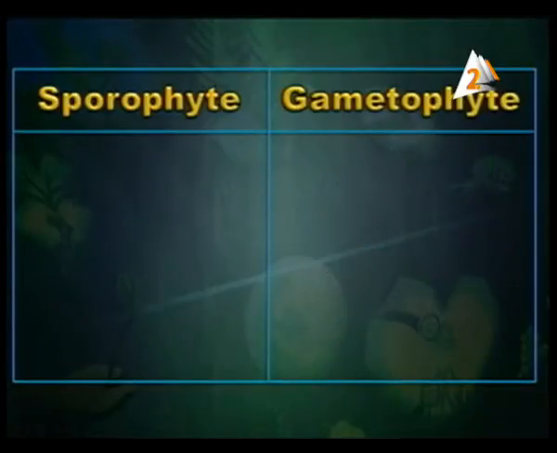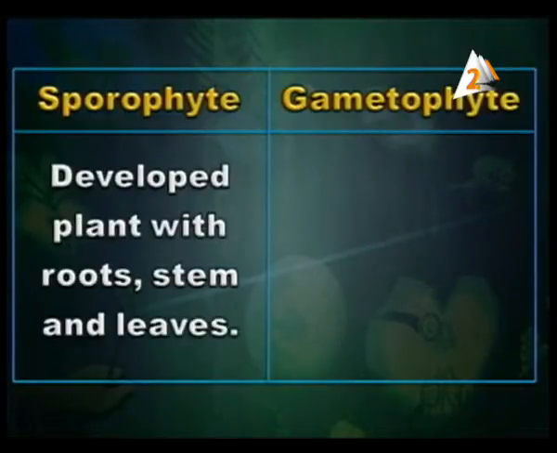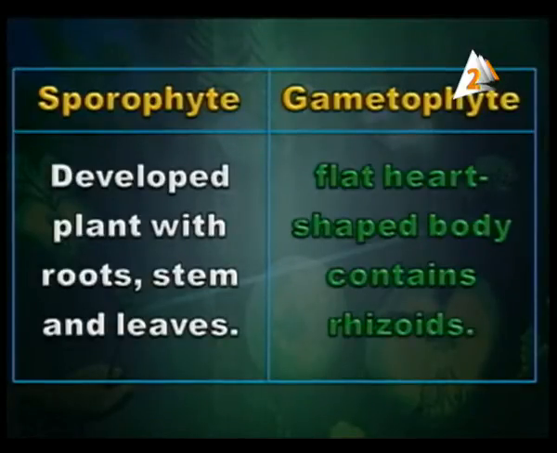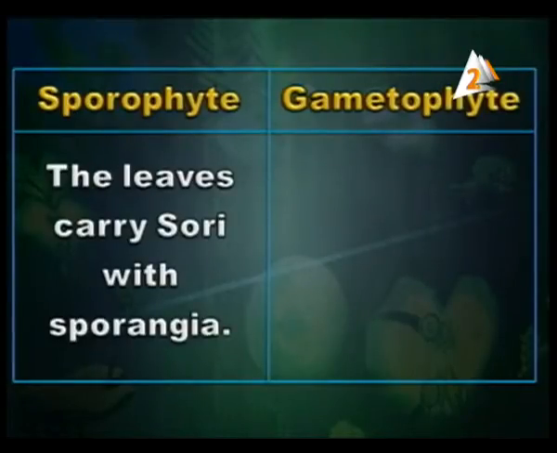The sporophyte is a developed plant with roots, stems, and leaves, while the gametophyte is a flat, heart-shaped body containing rhizoids. And it also carries the antheridia and archegonia.